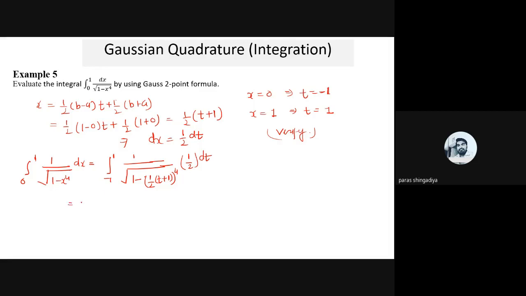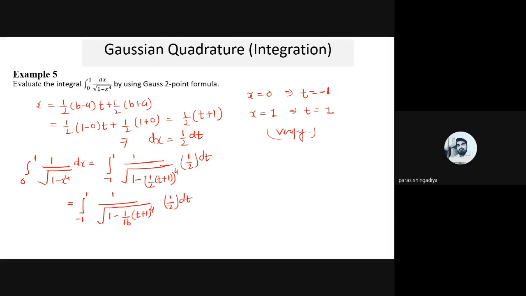Clear? Now simplify that. You can also consider it in the same form, but let us simplify. In the denominator we apply the power 4 to 1 by 2 and (t plus 1), so it will be square root of 1 minus (t plus 1) with the power 4 divided by 16, into 1 by 2 dt.